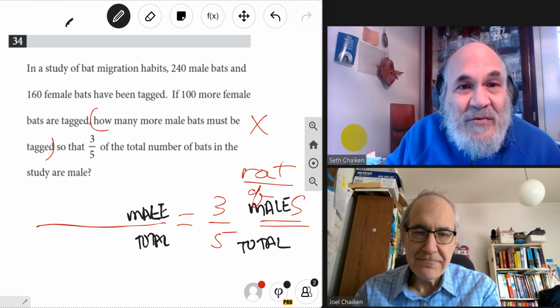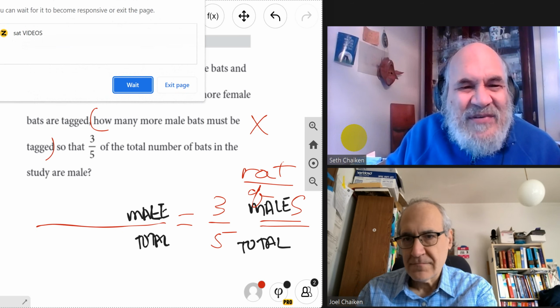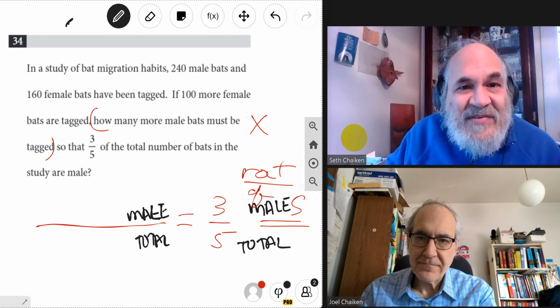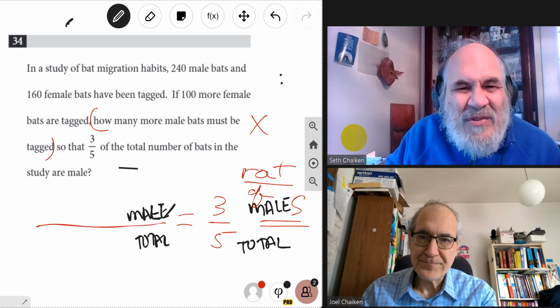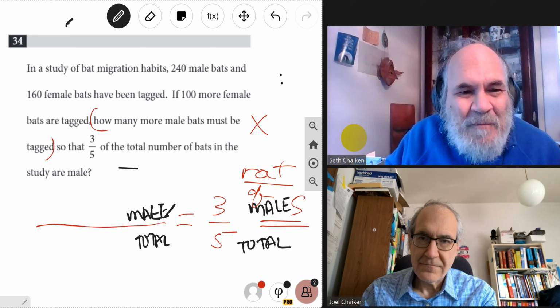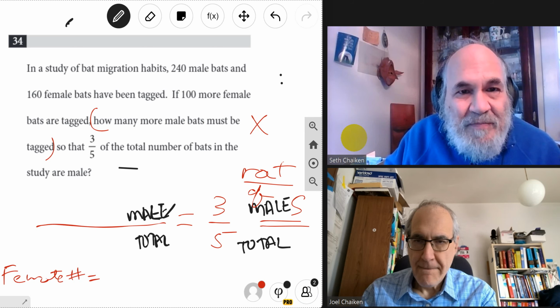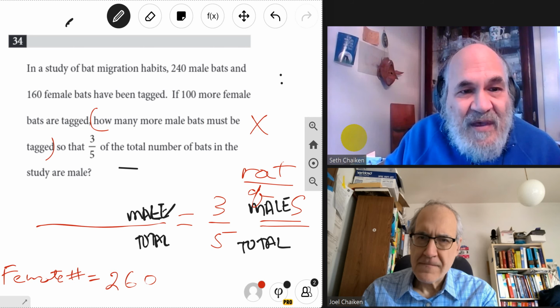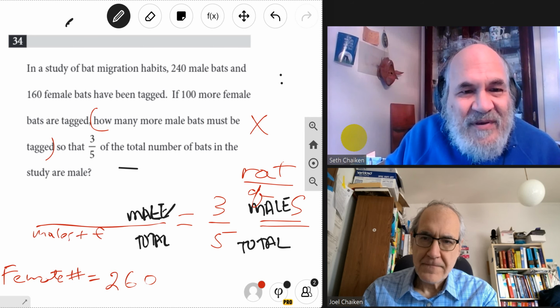So we start out with 240 males and 160 females. And then they say 100 more females are tagged. So the total number of females equals 260, and the total is males plus females.